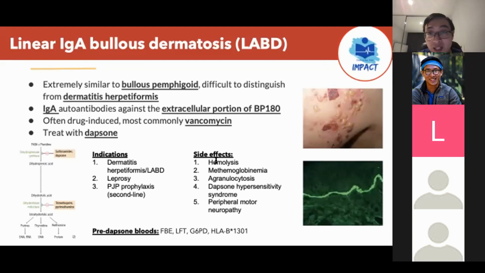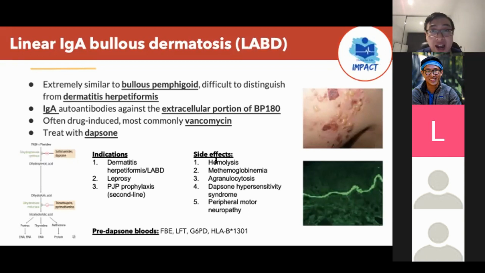Third side effect is agranulocytosis. So it chews up your granulocytes, of which there are 3: neutrophils, eosinophils, and basophils. The fourth is dapsone hypersensitivity syndrome. This is common in Asians, and it's commonly associated with a particular HLA genotype, HLA B1301, that I have on the slides as well.